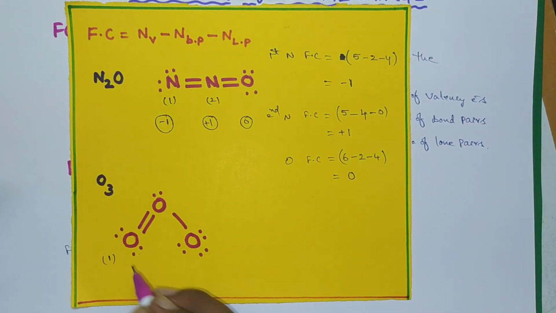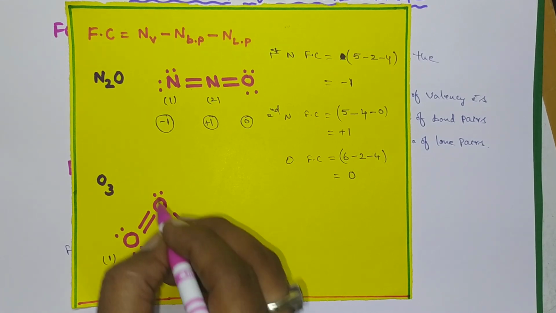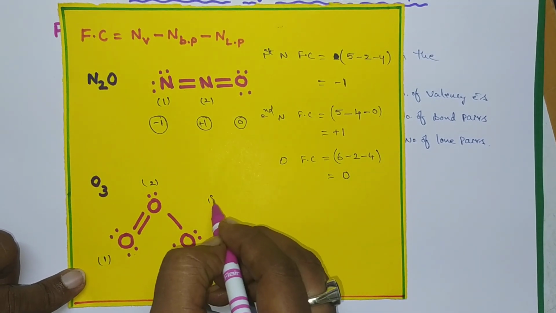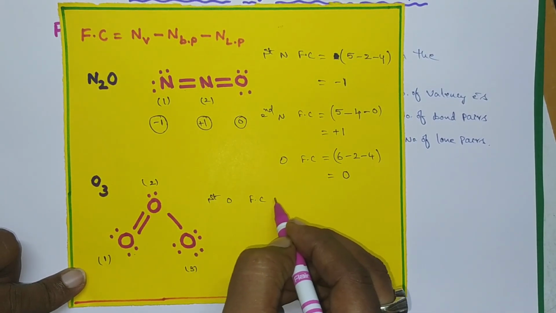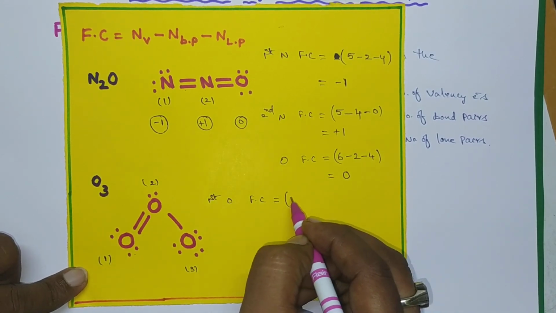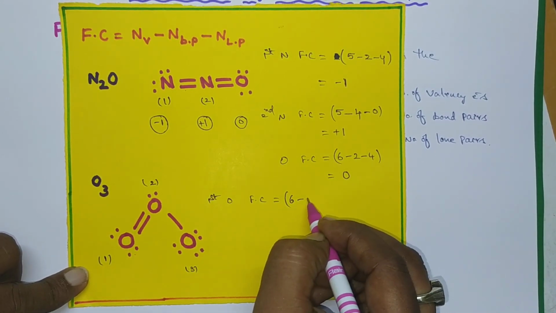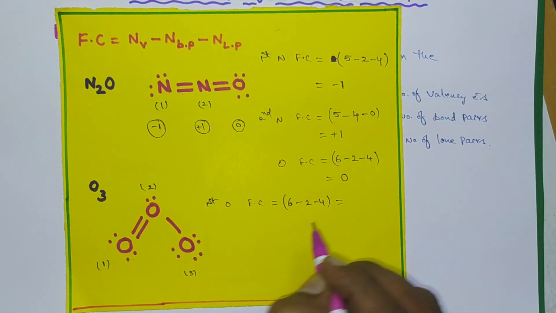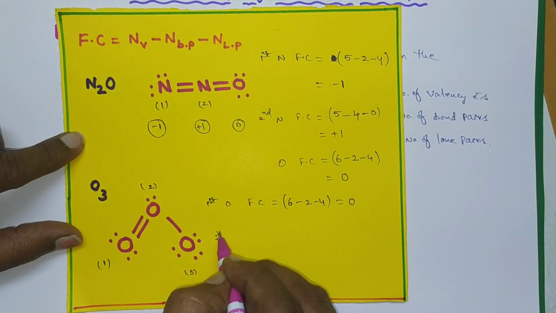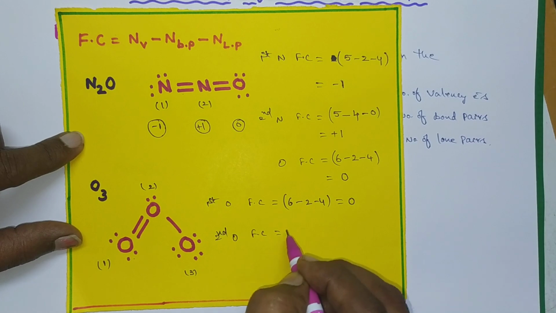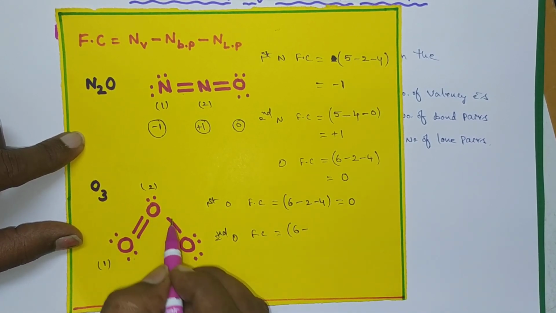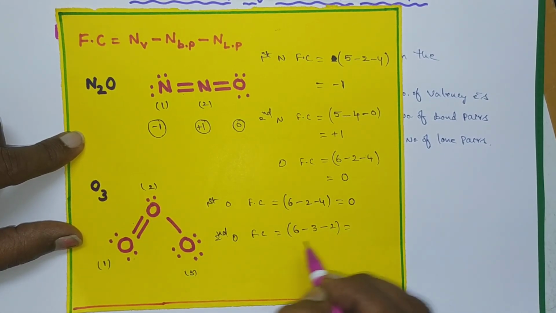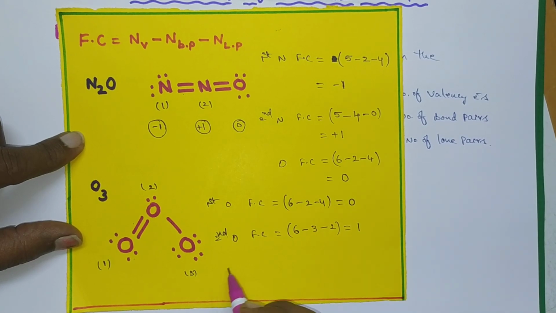Let us consider this as the first oxygen, this as the second oxygen and this as the third oxygen. For the first oxygen, the formal charge is valence electrons 6 minus number of lines 2 minus number of dots 4, which is equal to 0. For the second oxygen, it is 6 minus 3 lines minus 2 dots, so 6 minus 5 is equal to plus 1.